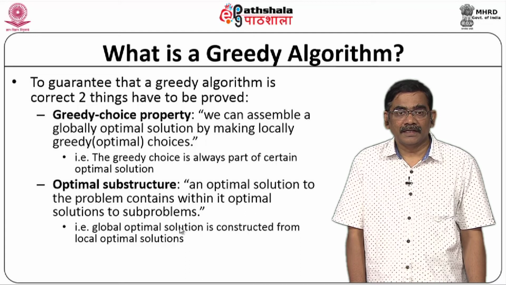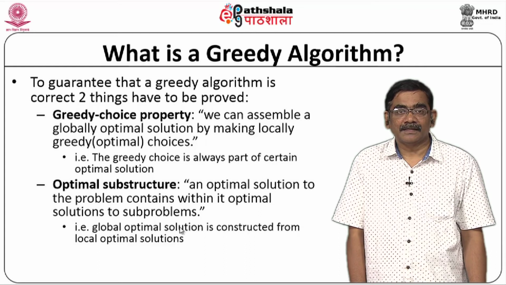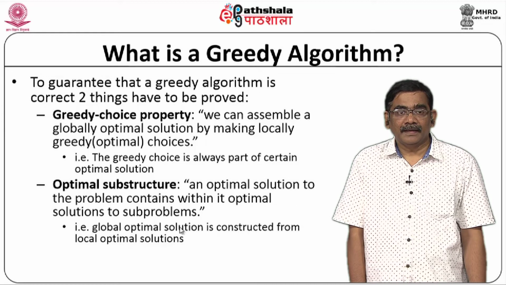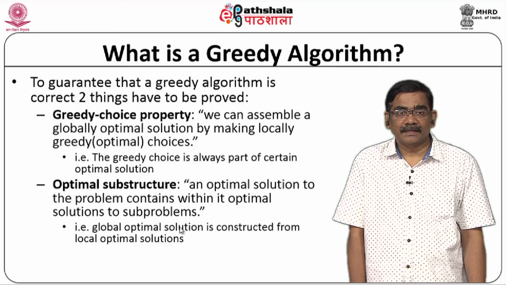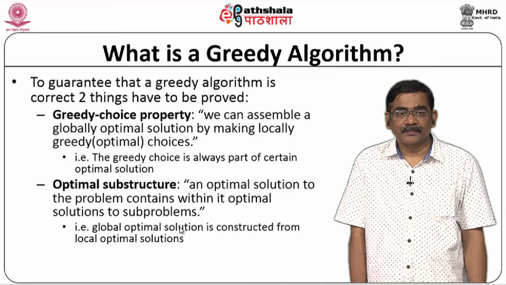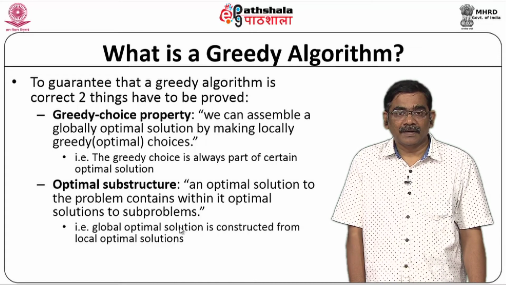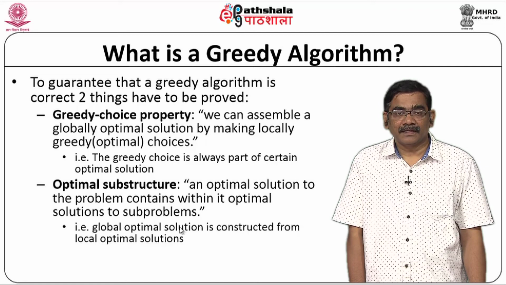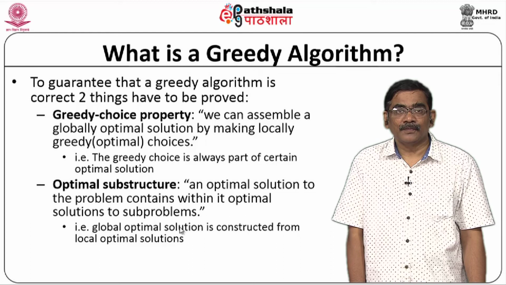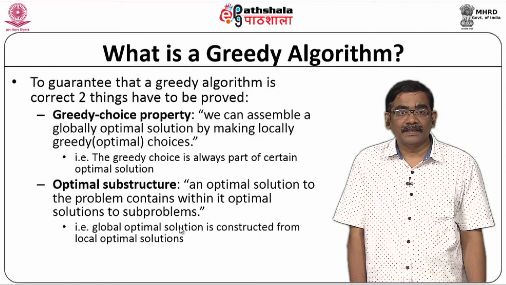In other words, the global optimum solution is obtained by combining lots of local decisions that are taken by the algorithm. Finally, it has to satisfy optimal substructure. That means the solution constructed for the global problem is also optimal with regard to the subproblems that are contained within. Fine.